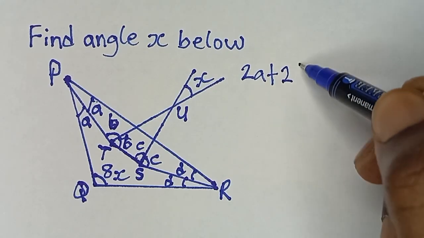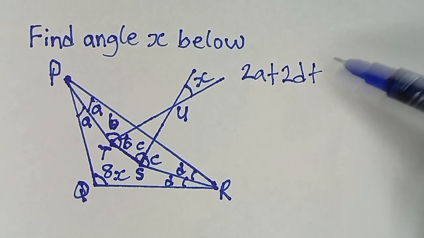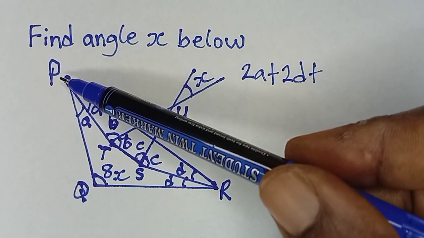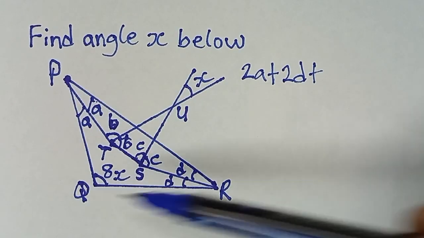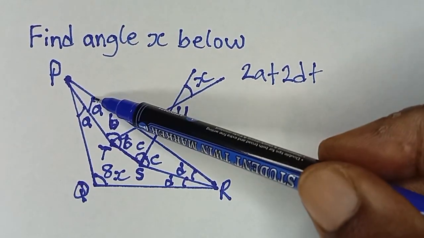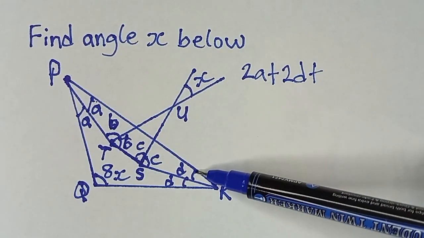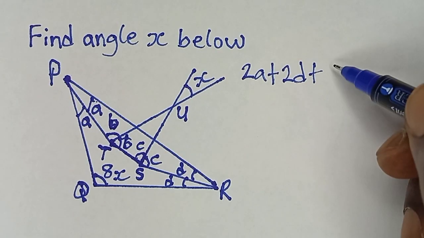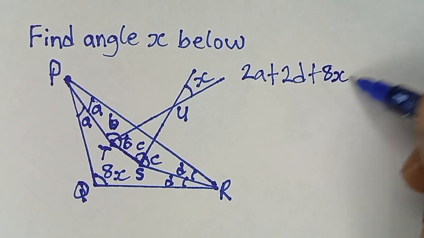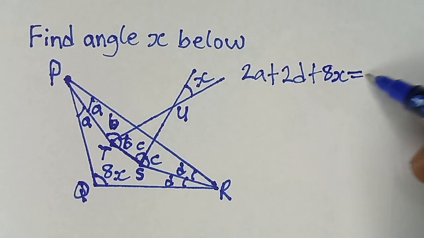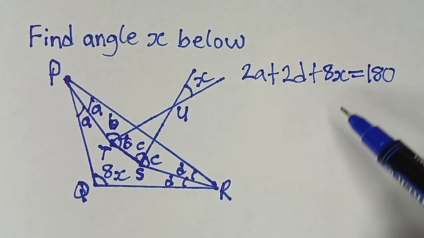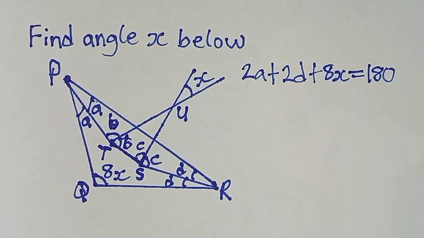So 2A plus 2D, and then plus the third angle, which is 8x. Don't forget, we're using triangle PQR. So I have this angle as 2A, I have this angle as 2D, and this angle as 8x. So plus 8x, everything should be equal to 180, because sum of angles in a triangle is 180 degrees.